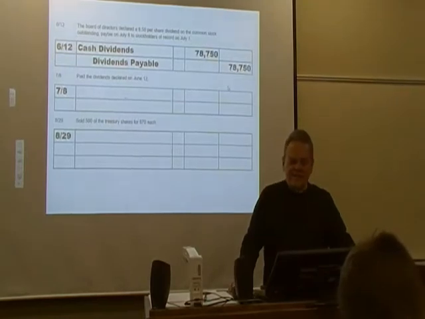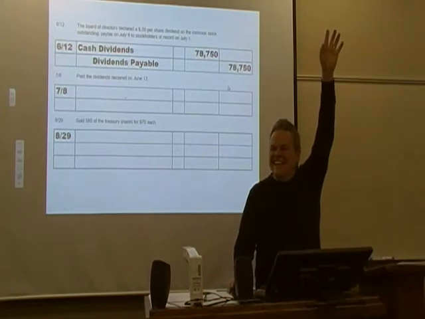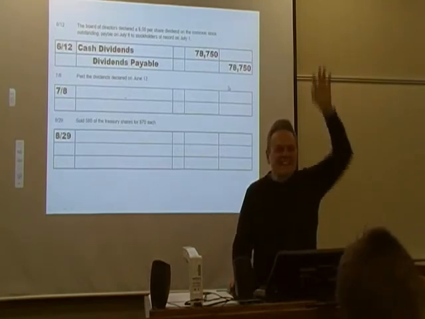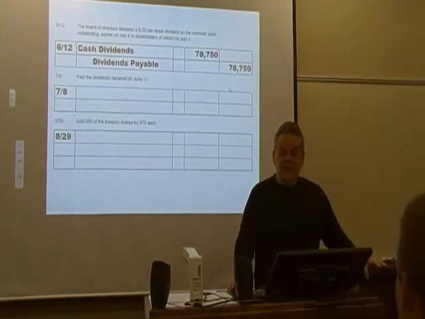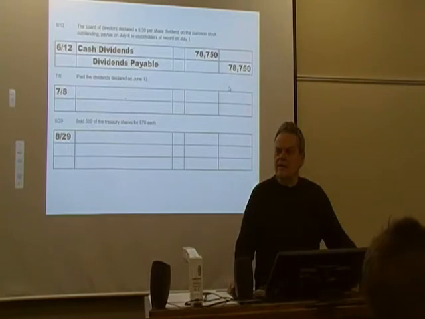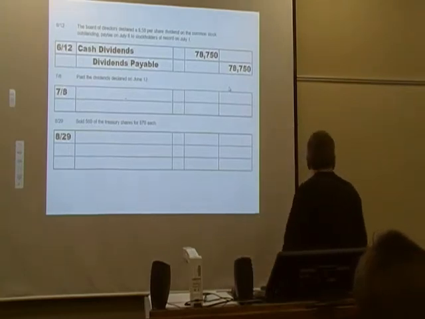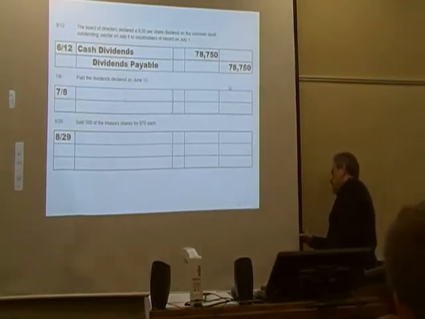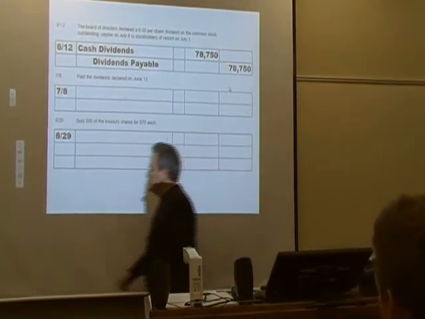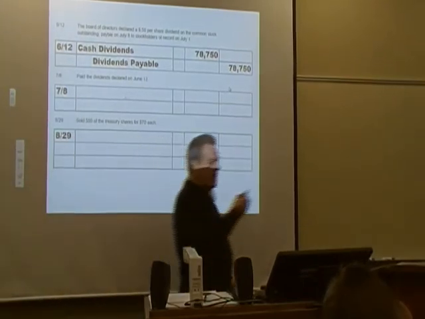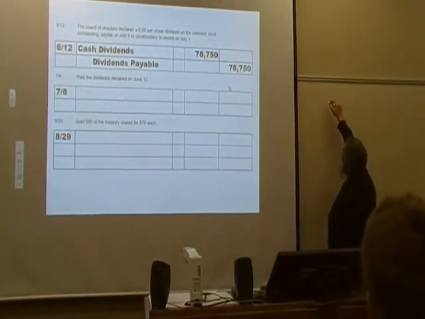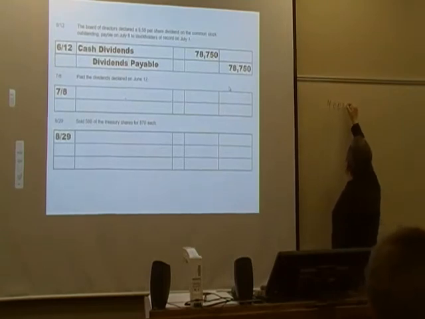Way to go, David. Who's with David and me right this minute? David, tell me how you got it. Okay, well, we had to calculate what was outstanding, and so to do that, we had to subtract the 2,500 shares of treasury stock from the previous. It may be time that we get us a little running total of how many shares are outstanding. We started the problem with 40 outstanding.